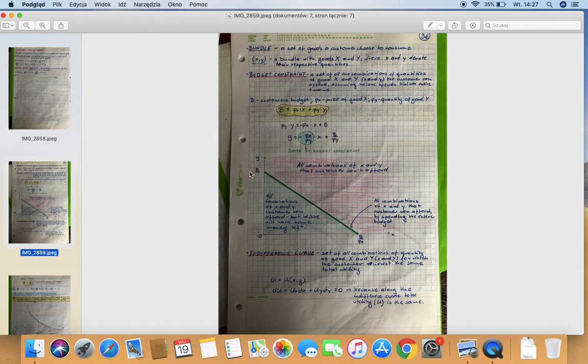Okay, and the final tool that we use in customer choice theory is called the indifference curve. An indifference curve shows the set of all combinations of quantities of good X and Y for which the customer receives exactly the same total utility.